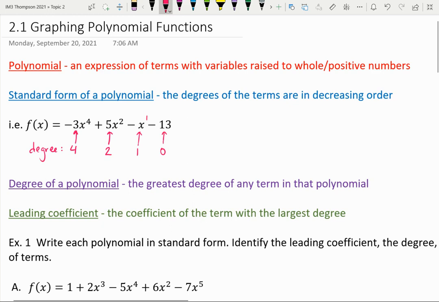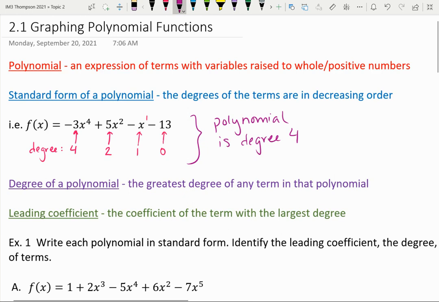Now, the degree of a polynomial. So here we were talking about the degree of each term. The degree of the entire polynomial is determined by the term with the highest degree. So the greatest degree of any term in that polynomial. For example, this whole polynomial is degree 4.